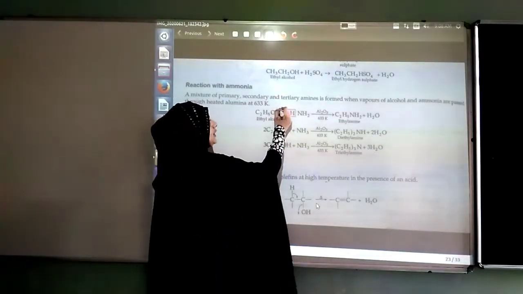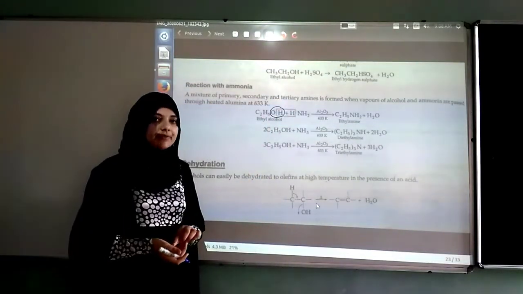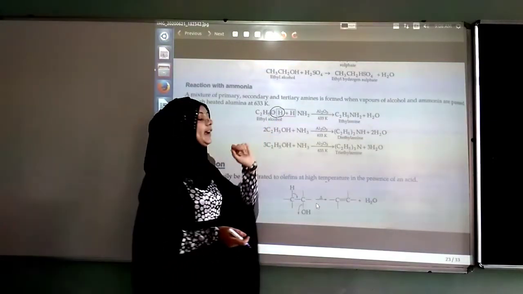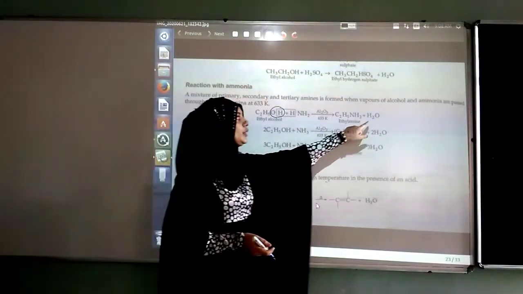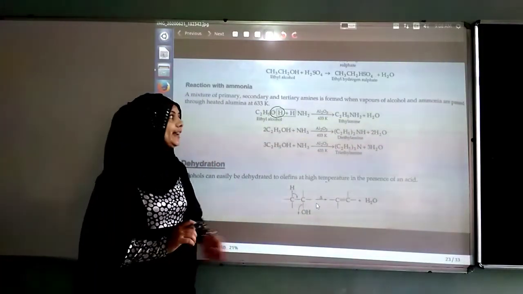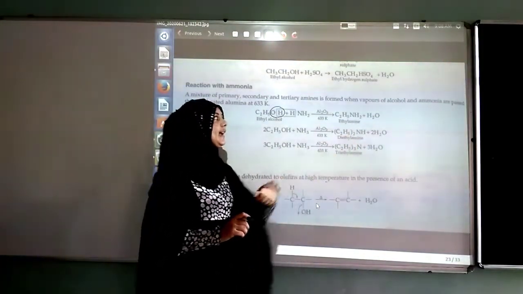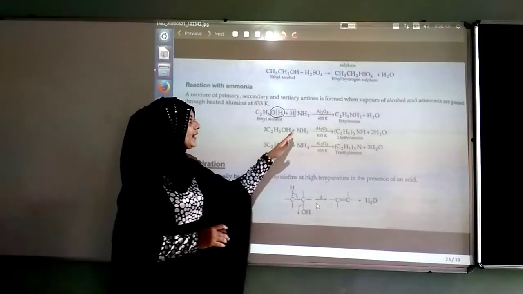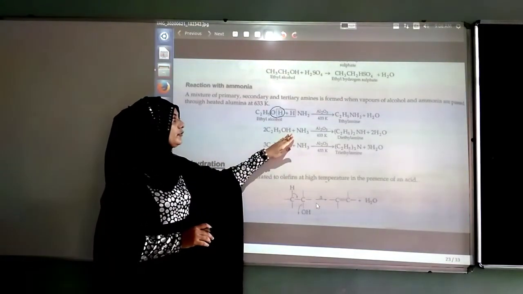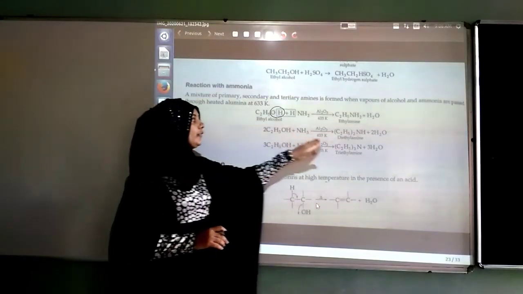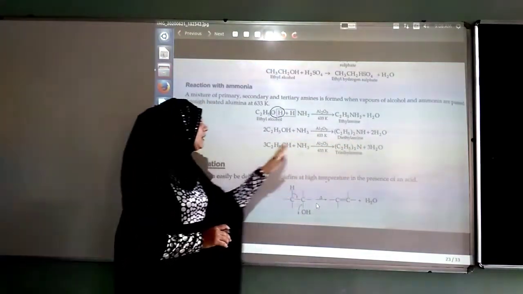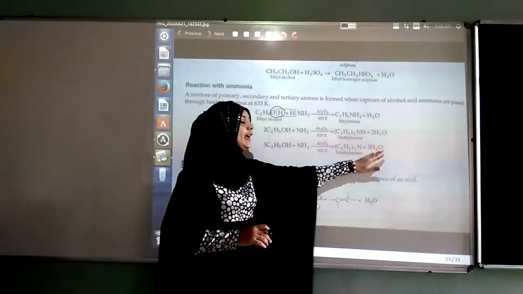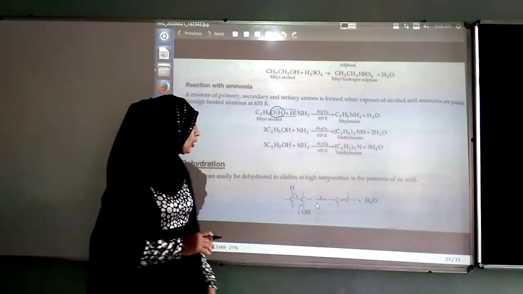Here it is shown wrong, you have to take OH. As we have the cleavage between oxygen and carbon, OH will go out along with the H, resulting in a water molecule. So what will be joining? NH2 will be joining, and the name of the compound is ethylamine. If you take 2 moles of ethanol, it will be diethylamine. If you take 3 moles of ethanol, you will get triethylamine and the respective amount of water.